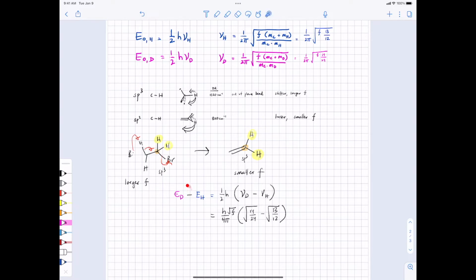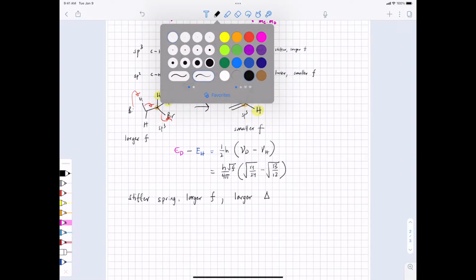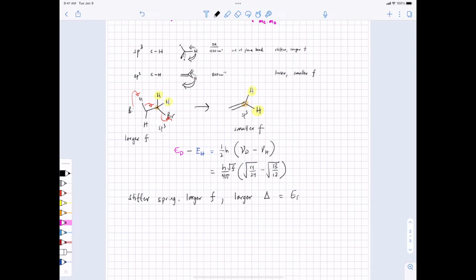But see, this energy gap, which we've called delta in our starting material, is related not only to this mass difference, but to the force constant, okay? So the larger the force constant, the conclusion here is stiffer spring, larger force constant leads to larger difference in energy, which we're just calling ED minus EH.